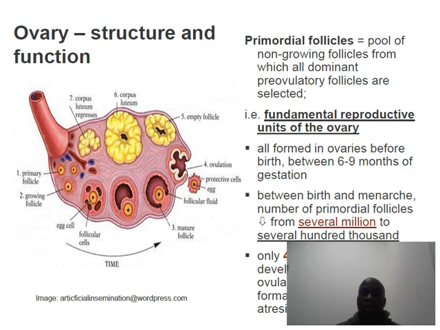Between birth and menarche, the number of primordial follicles declines. They reduce from several millions to several hundred thousand follicles.